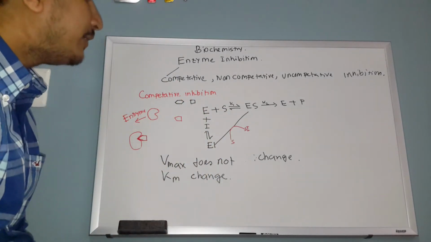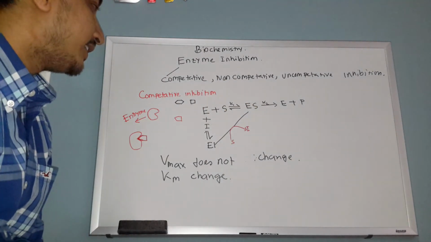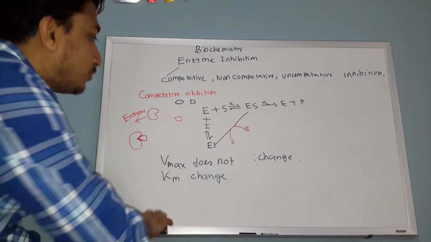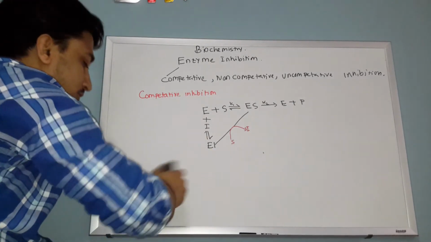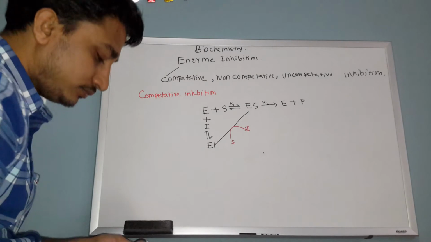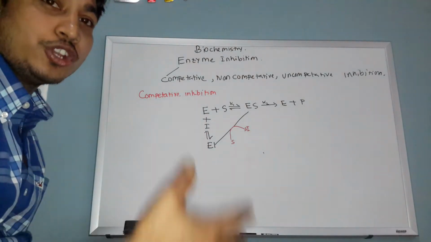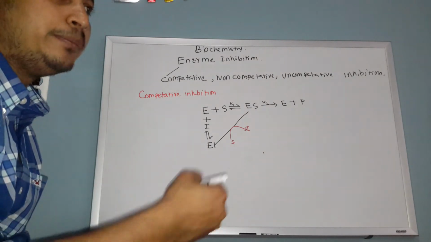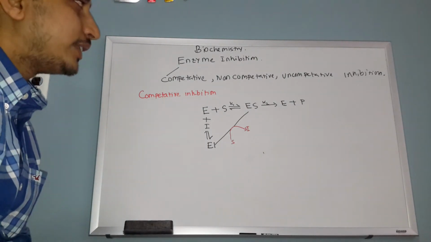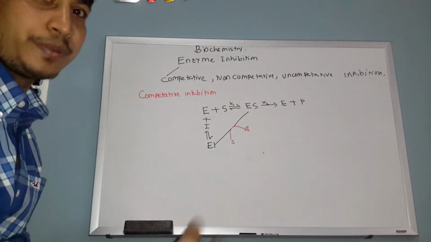Okay, so if I show you the graph, then you will clearly understand what I'm trying to say. So I'll draw the graph for you. First, I will show you how the graph looks in the Michaelis-Menten equation, and then I will show you the Lineweaver-Burk plot, or double reciprocal plot.